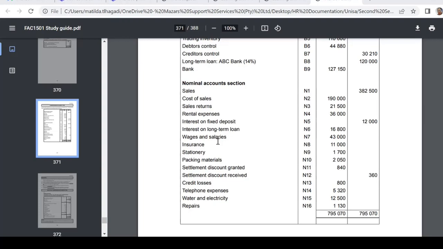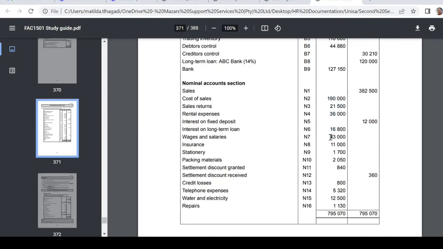So basically, when you're looking at the trial balance, this is how you determine if the company has made a profit or a loss. You take the sales, plus this interest, plus this 360, and minus everything that's here.